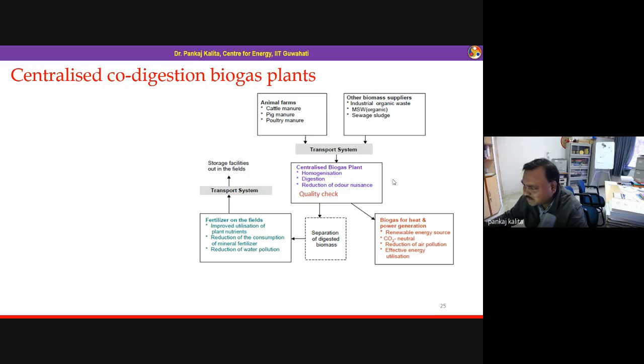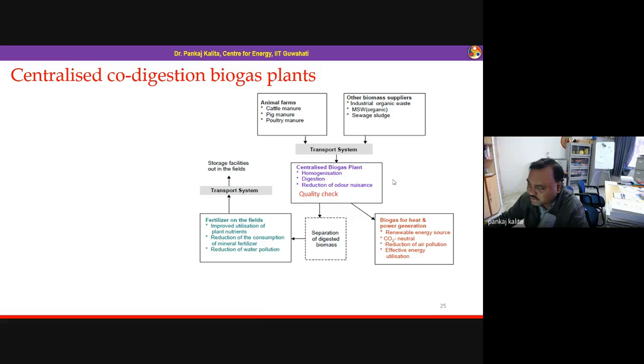Once this gas is generated, it can be used for heating or power generation. Also we can compare the amount of carbon dioxide reduction and reduction in air pollution, then effective energy utilization. By utilizing this waste, we can show what kind of wealth we are making.